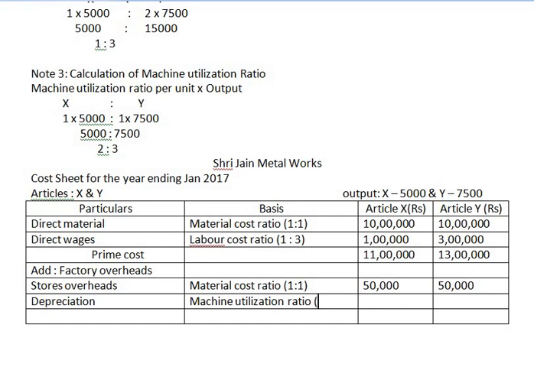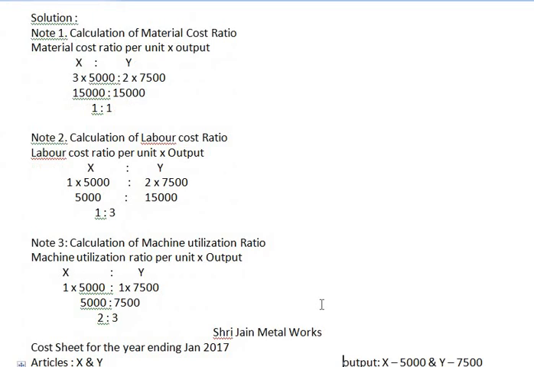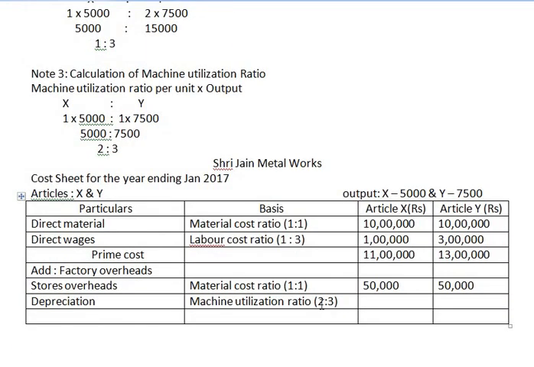Machine utilization ratio is 2:3. Now depreciation amount is 2 lakh, so divide it into 2:3. So it is 80,000 and 1 lakh 20,000.